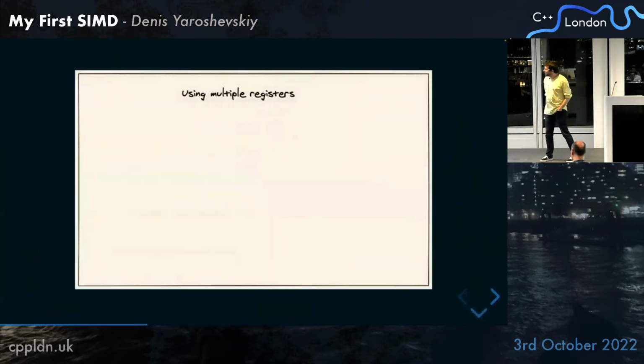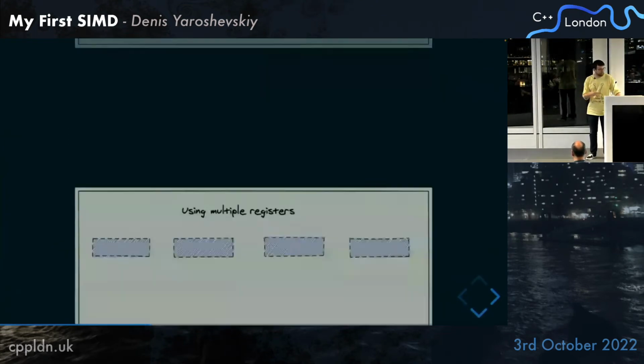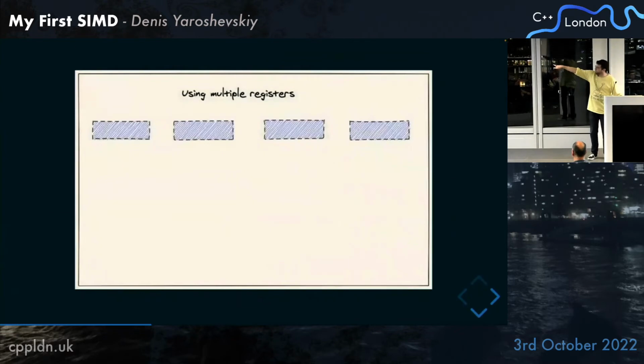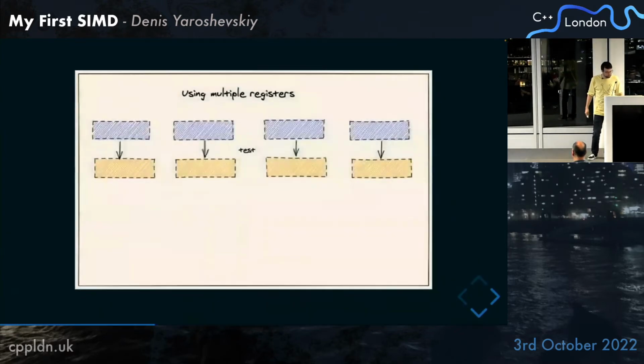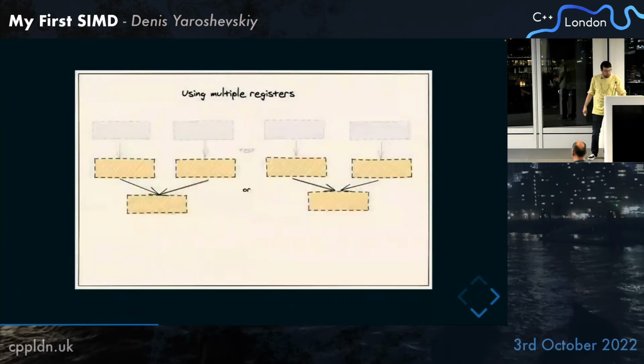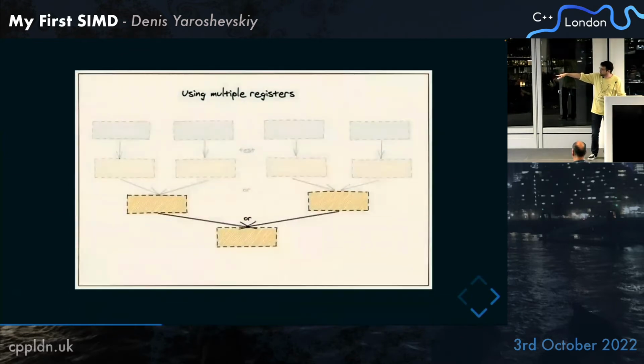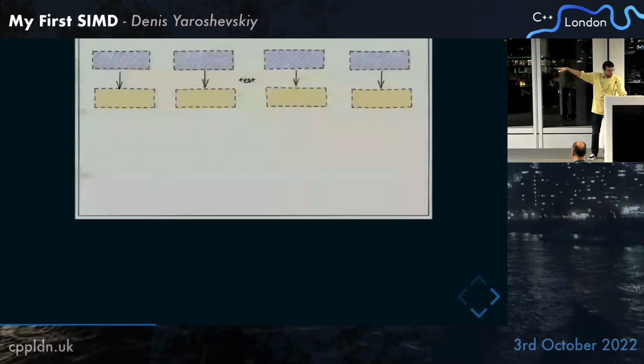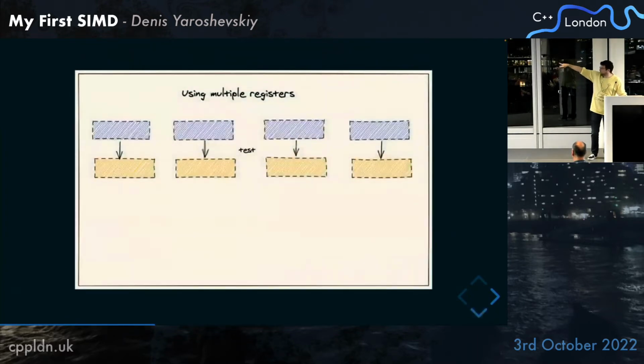Why is that? They are using multiple registers, which is slightly more efficient for bigger sizes. What they do is load 4 times the 32-byte registers, then test all of them in parallel for zeros. Do an OR, do another OR, and then check whether there are any matches, right? So all of this can execute in parallel.